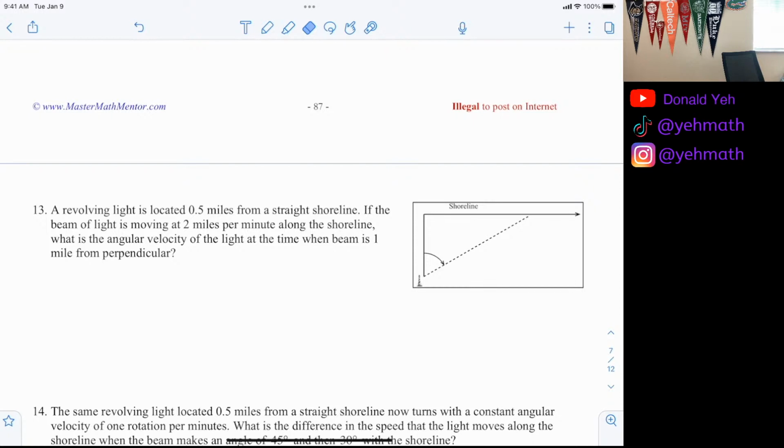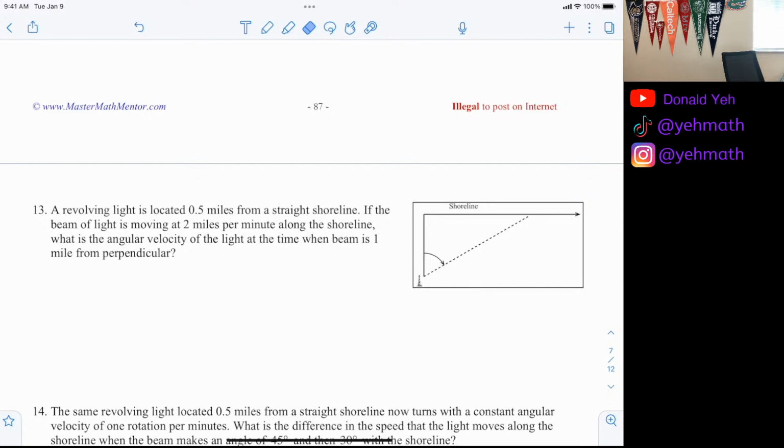So if that's one mile, then this small function, I'll put it as the hypotenuse. Why? How would that be? One mile. I mean, it's perpendicular. The thing about it is, only one beam is the one.